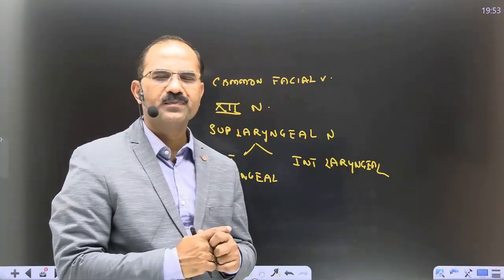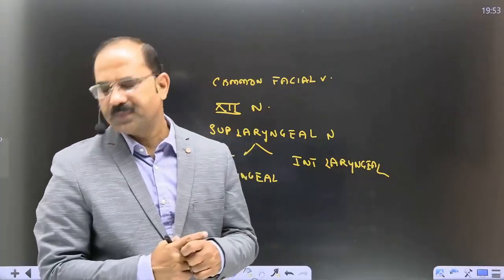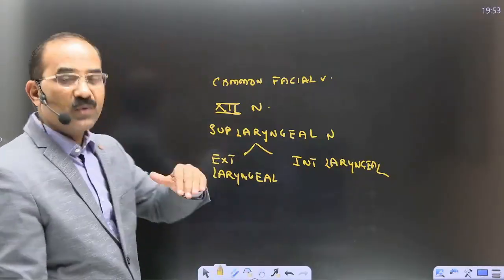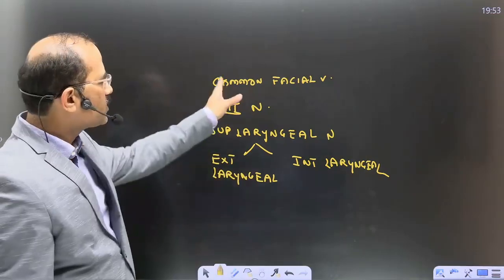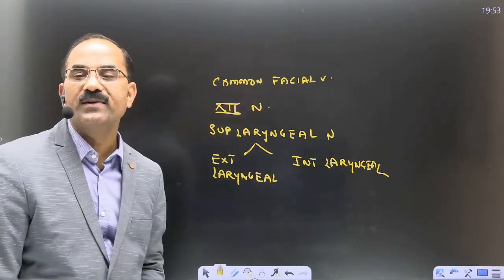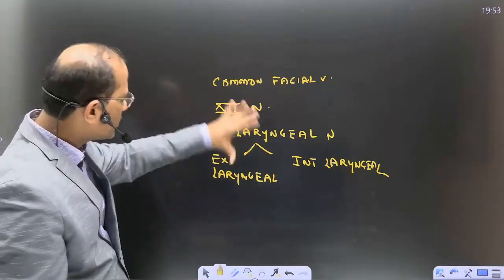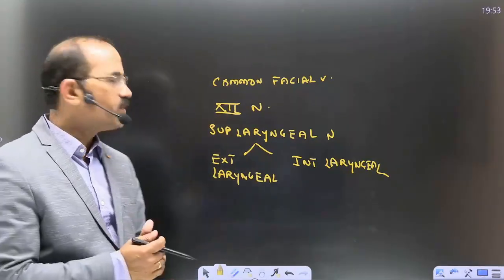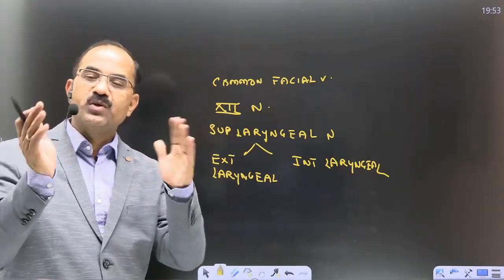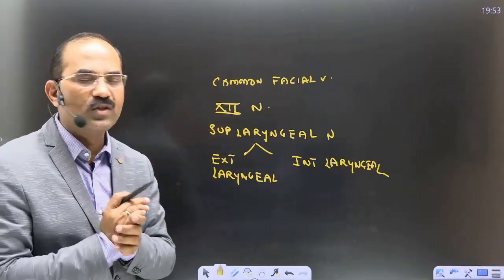Clear to all of you? So what else do we get in the carotid triangle? One is a common facial vein which drains into the internal jugular vein. We get the nerves here. We get the hypoglossal nerve. We get the superior laryngeal which divides into an external and internal laryngeal nerve.